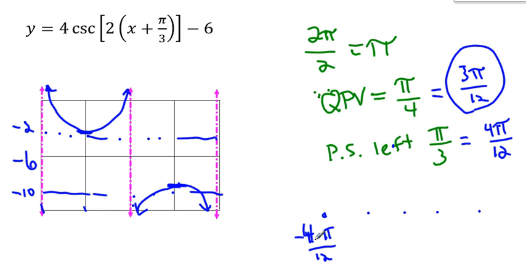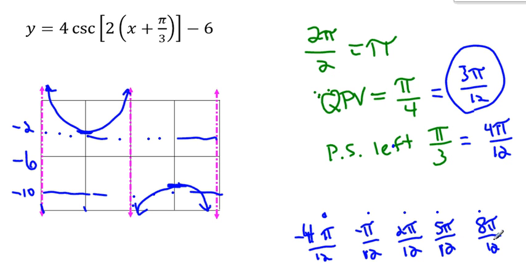So if I add 3 pi over 12, I'm at -pi over 12. The next one is 3 pi over 12 away. So add 3 pi over 12, -1 plus 3, that's 2 pi over 12. Add another 3 pi over 12. And add another 3 pi over 12. So those are my values in unreduced form.